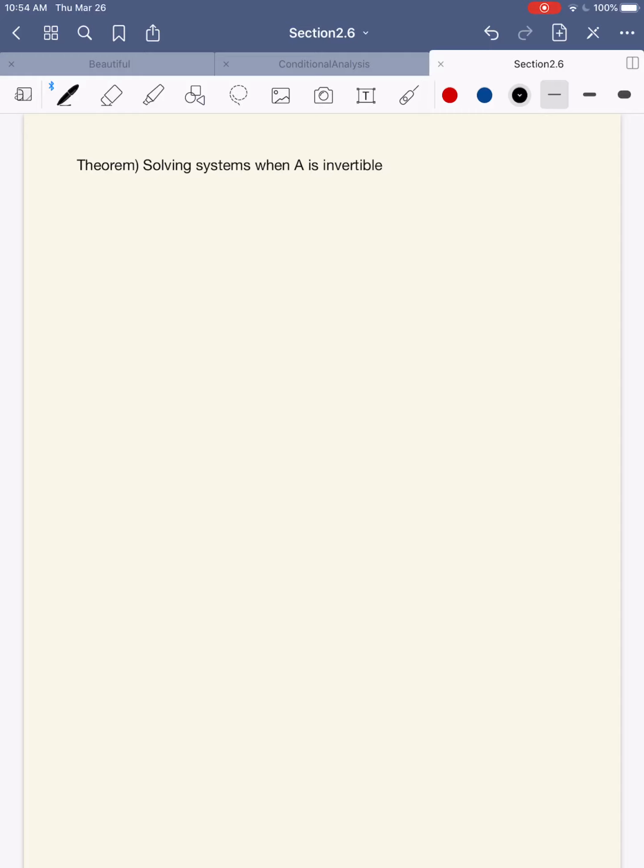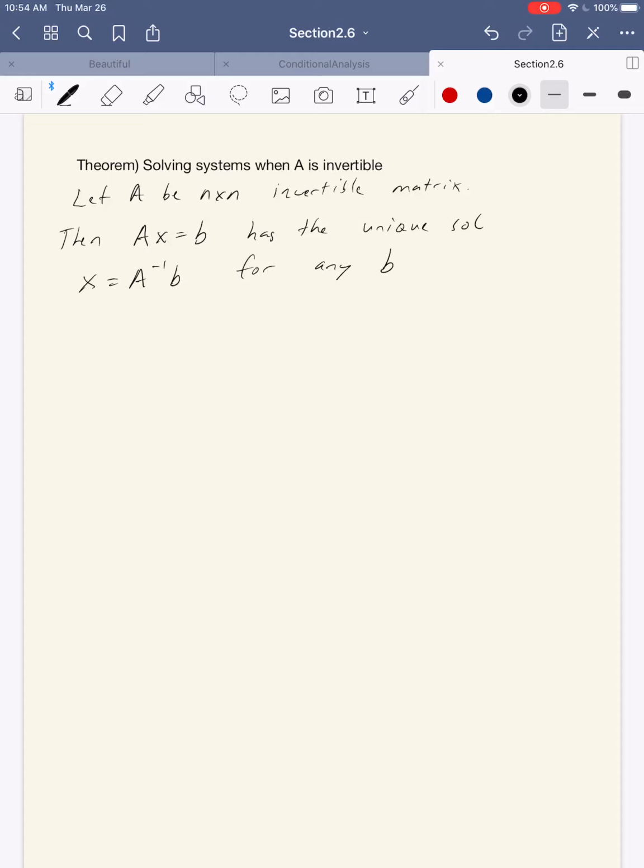So our theorem just says this. Let A be an n by n invertible matrix. Then the system AX equals B has the unique solution X equals A inverse B for any B. Technically it would be any B that's an element of Rn, and we know it's Rn because we're talking about an n by n matrix.